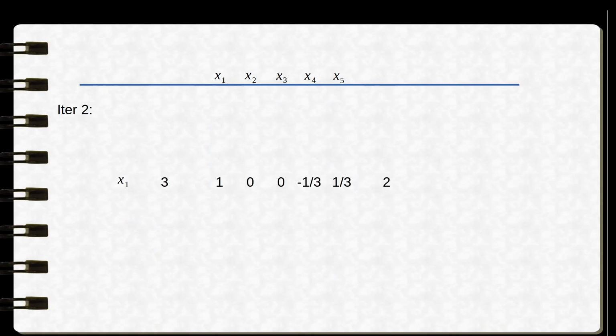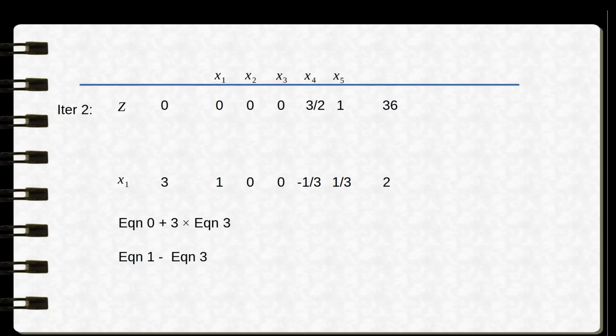That's iteration number 2. We have divided equation number 3 with 3. And we do matrix operations to convert the coefficient of x1 to that of x5 in the previous table. And this is what we get.